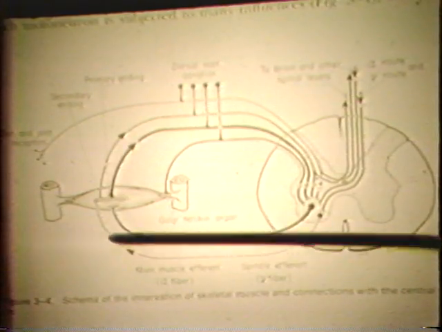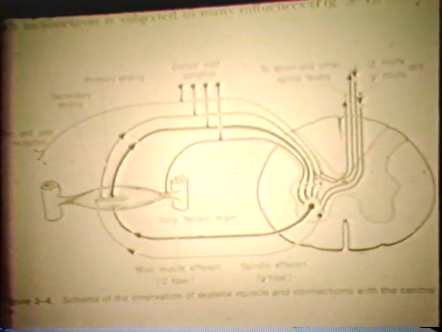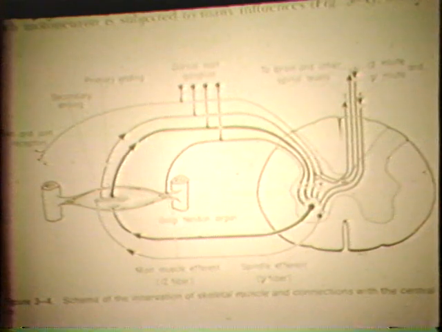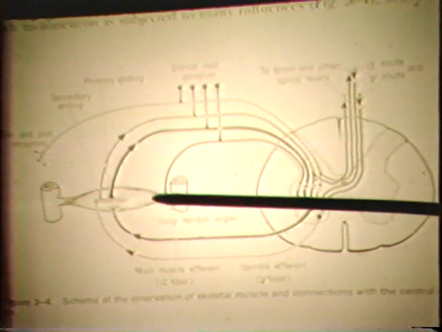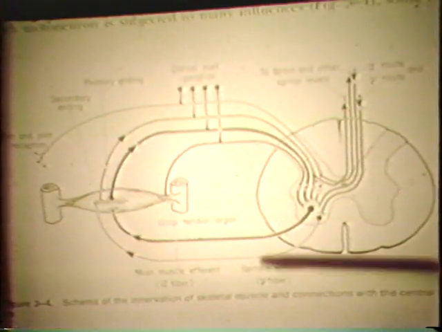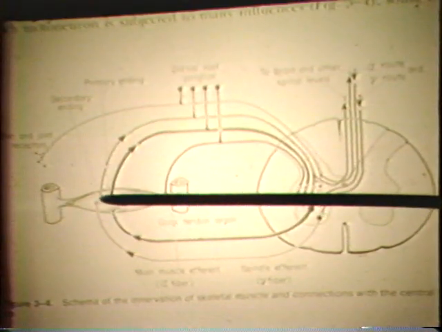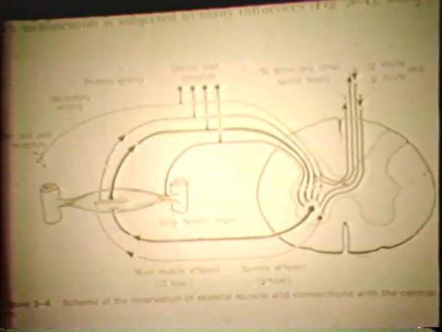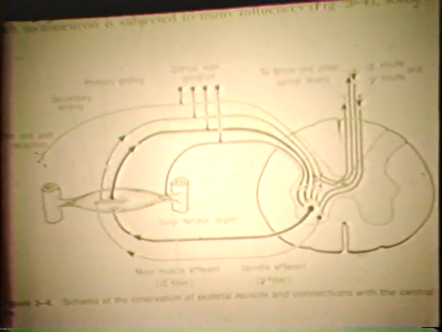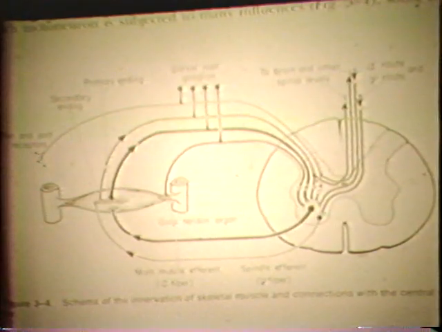The firing of the intrafusal fiber will cause the entire muscle spindle to contract, making it much more sensitive to muscle elongation. Once the contraction in the intrafusal fiber takes place, then the thermostat of muscle activity is set into place.